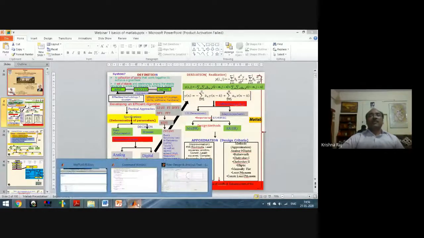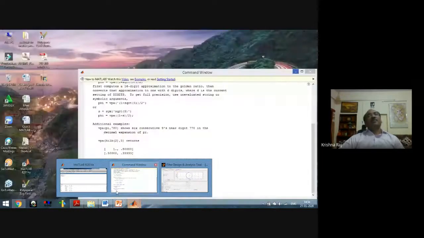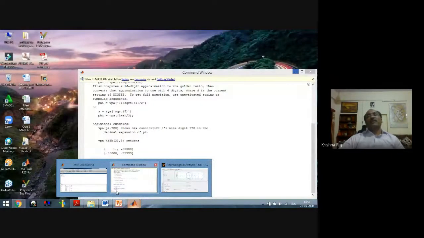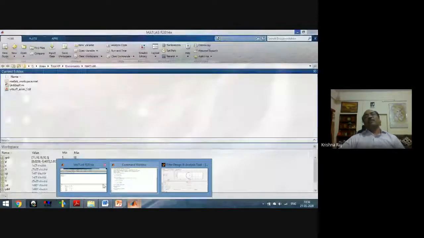What is the word length in the fixed point number system? M plus N plus 1. M means the number of bits utilized to represent the integers. N means the number of bits utilized to represent the fractional portion. And the most significant bit will be utilized to represent the sign bit.